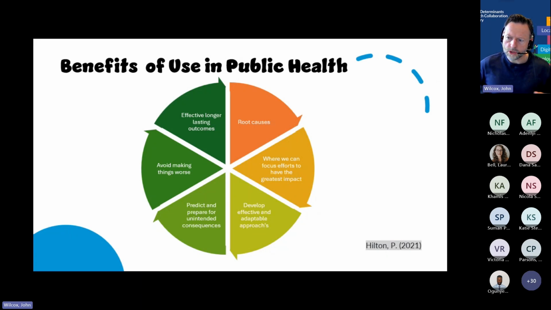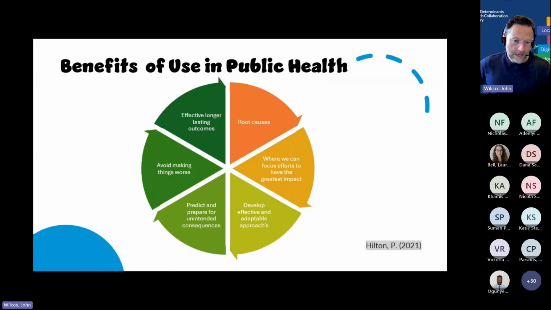What are actually the root causes that affect young people's mental health in a particular place? Obviously some of these reasons are global or international, but some of them will be local. So taking a system approach, system thinking, and other methodologies which I'll go on to, can really help us understand what those root causes are.